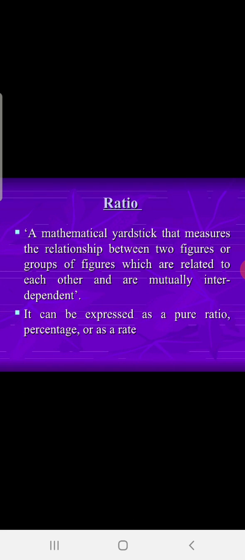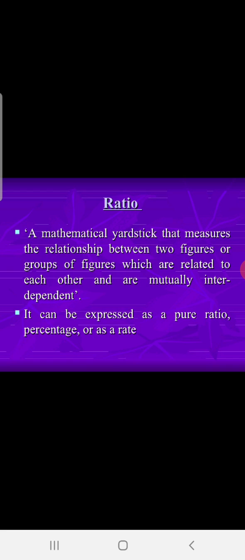Now, the next point: it is a mathematical yardstick that measures the relationship between two figures or groups of figures which are related to each other and mutually interdependent. What is a ratio? It is a mathematical yardstick that measures the relationship between two figures or groups of figures which are related to each other.